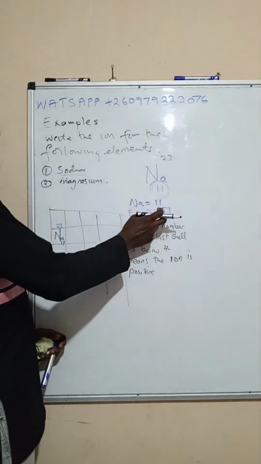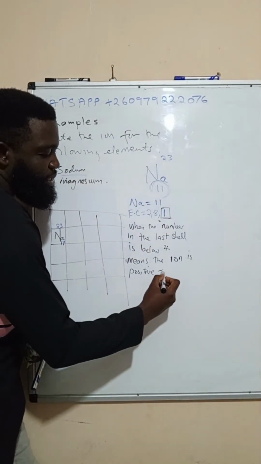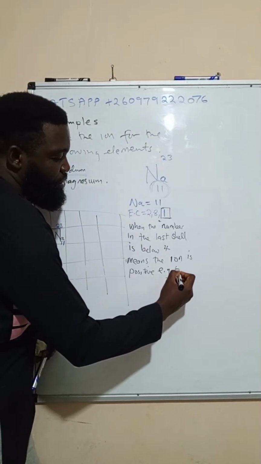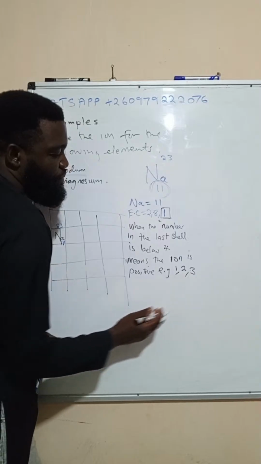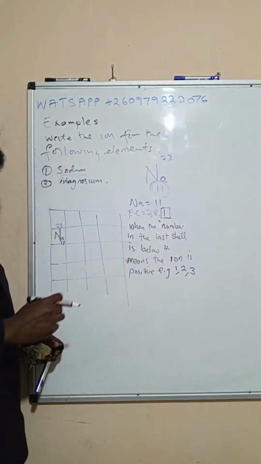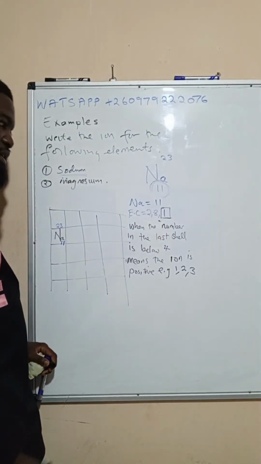Once this number is below 4, meaning if it is 1, if it is 2, if it is 3, meaning below 4, the ion that we put there is positive.